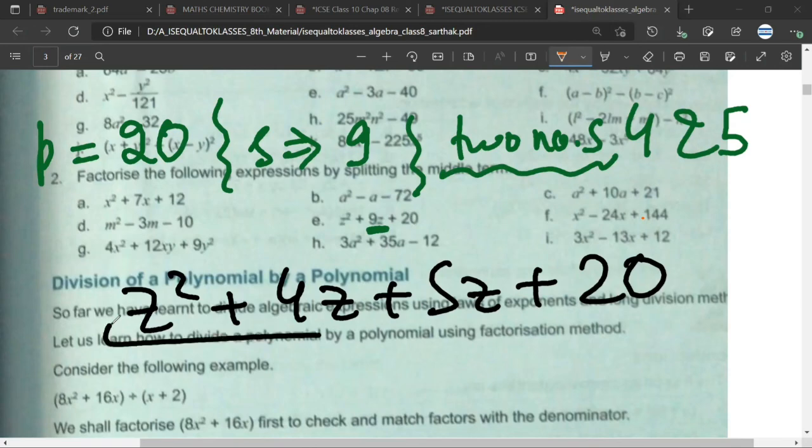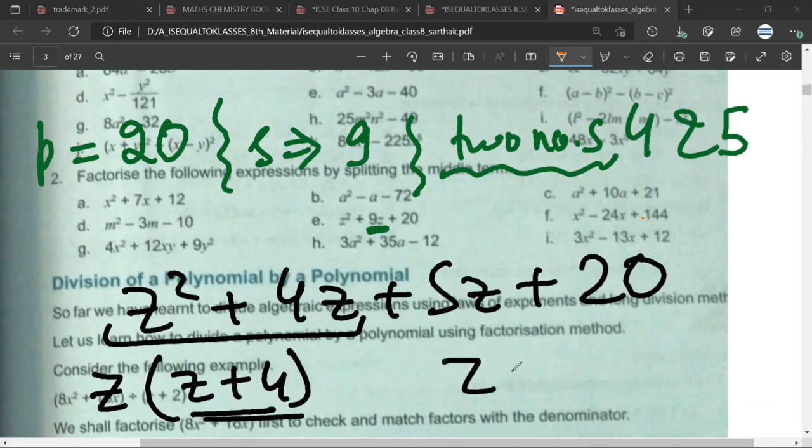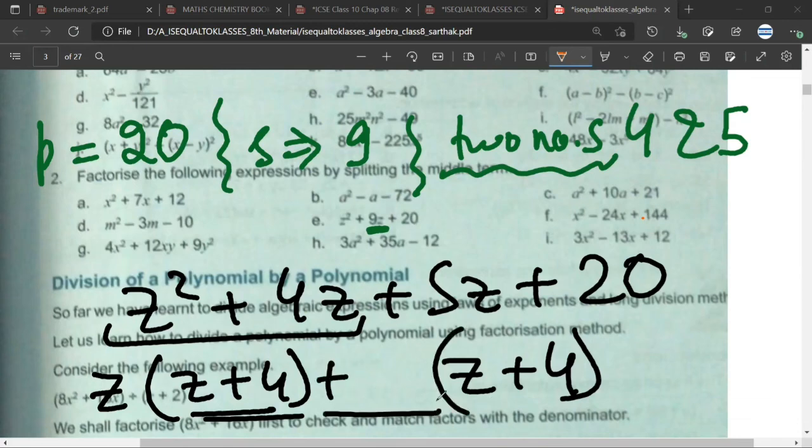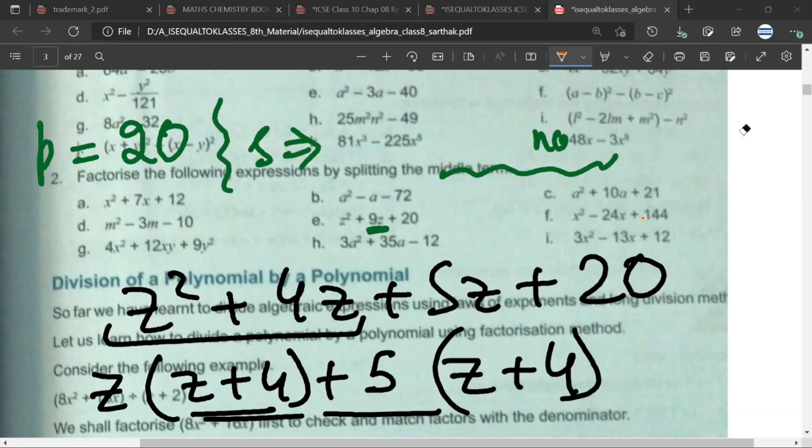Okay, what will be the common factor? Z. I will copy this common factor here. What should I write here? Plus 5. What should I do next?